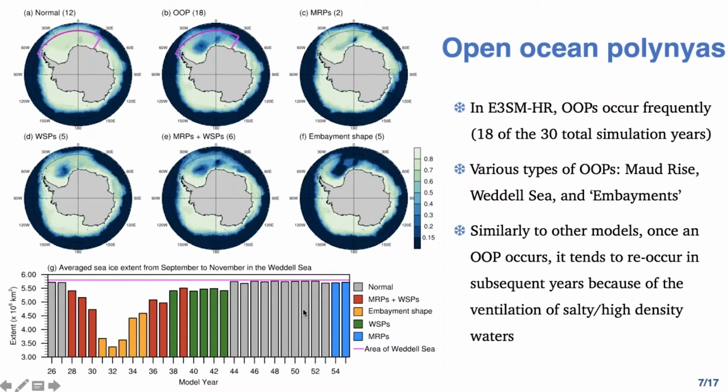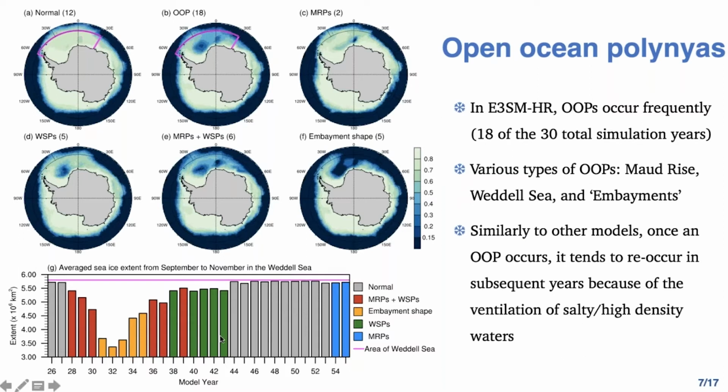In reality, I should say that since we have had satellite observations available, we have only observed a few instances of open ocean polynyas. The latest one was in 2017, and then a big Weddell Sea polynya in the 70s.